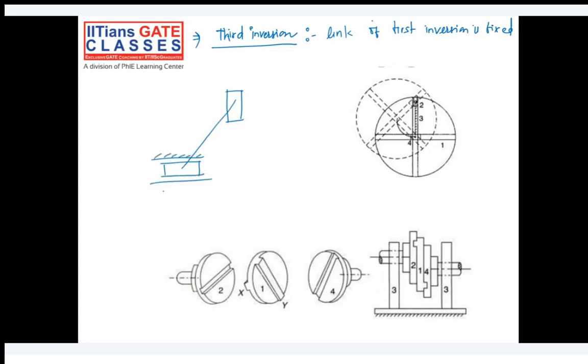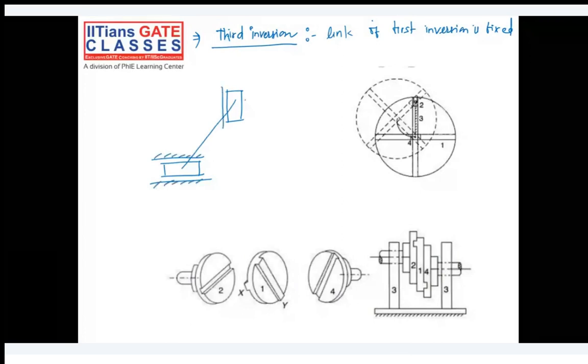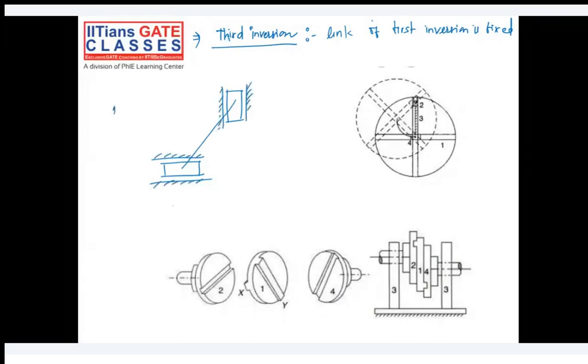Okay, so try to understand here the same structure we have drawn. Link number 3 is fixed. Here we have small slider. Try to understand through this figure, it's difficult to draw. I have directly taken it from, I just googled it, and here also you have the fourth slider.